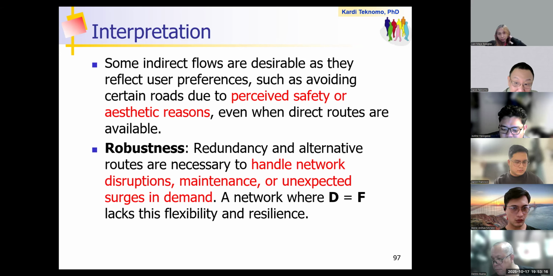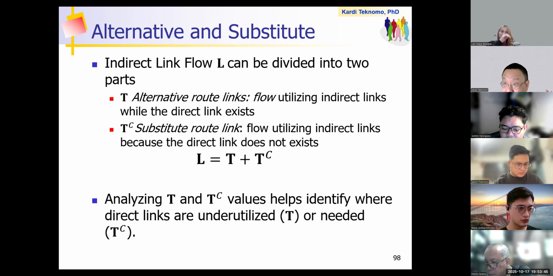So an unexpected surge in demand will happen. Then if you have alternative or substitute flow indirectly, that means your network is resilient. Without indirect links, this is the only route. Is this clear, the interpretation? So once you get that, you can start to see where the indirect link flow is, and how much, based on this interpretation.